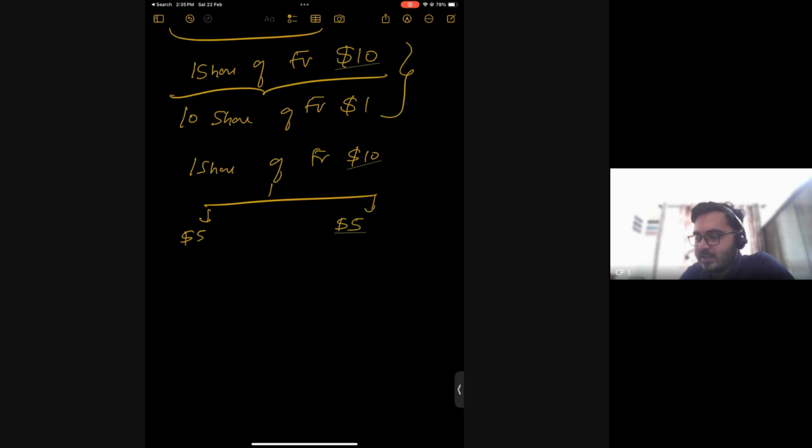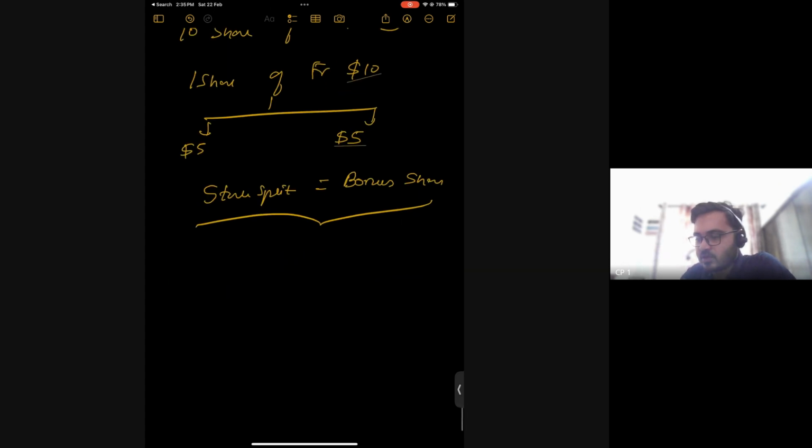But fundamentally, a stock split does exactly the same as what bonus issue or bonus shares do. So fundamentally, they are the same. There is, however, one difference in case of stock split where you can do a reverse stock split. What is a reverse stock split?